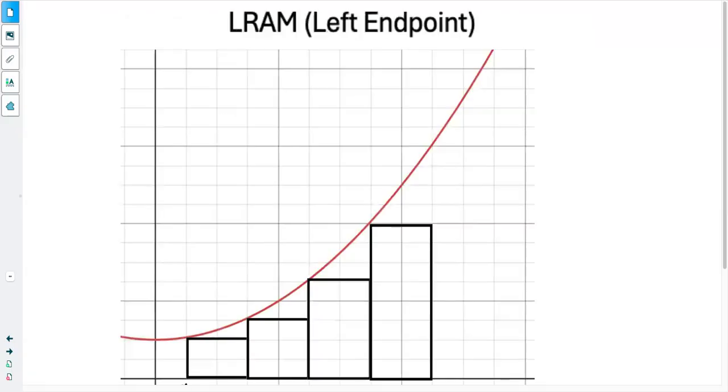So first is LRAM, which stands for left endpoint.